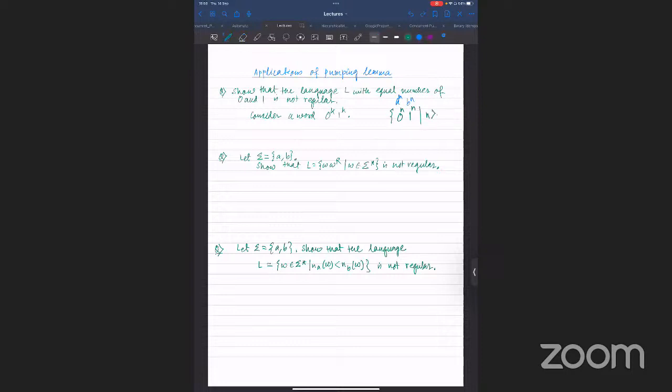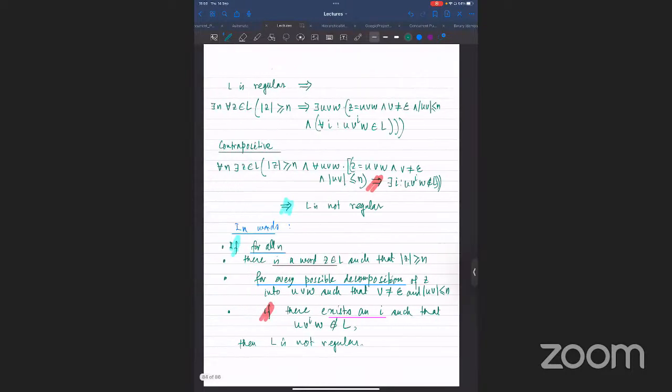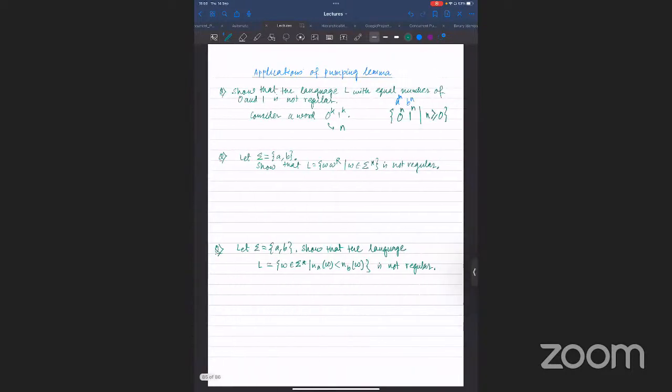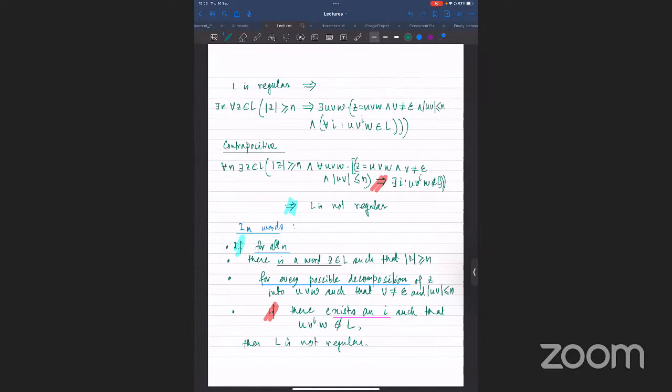Right? You can use this. You can use the same word and show that and pump, right? So my k is like my n. So this k is like my n, this n which is appearing in the pumping lemma, right? And what does it say? There exists an n.